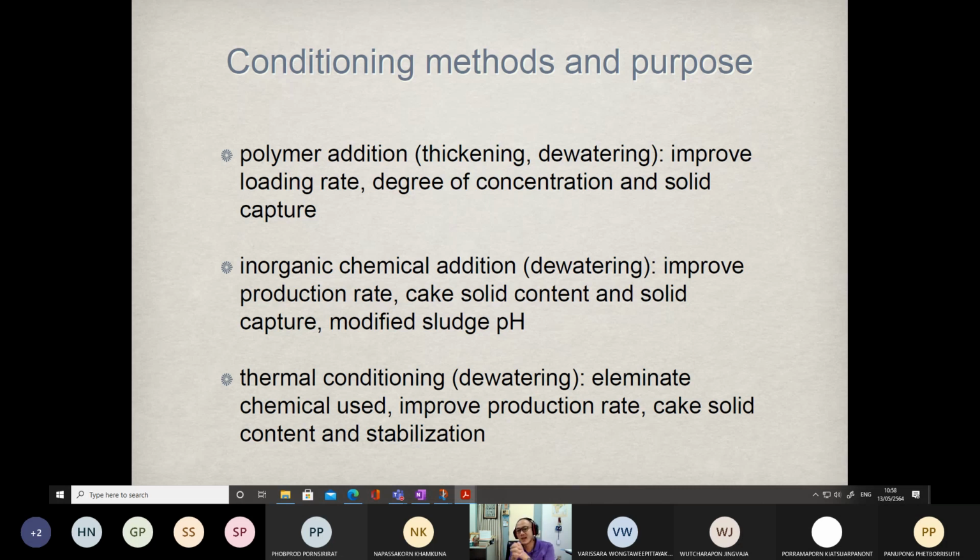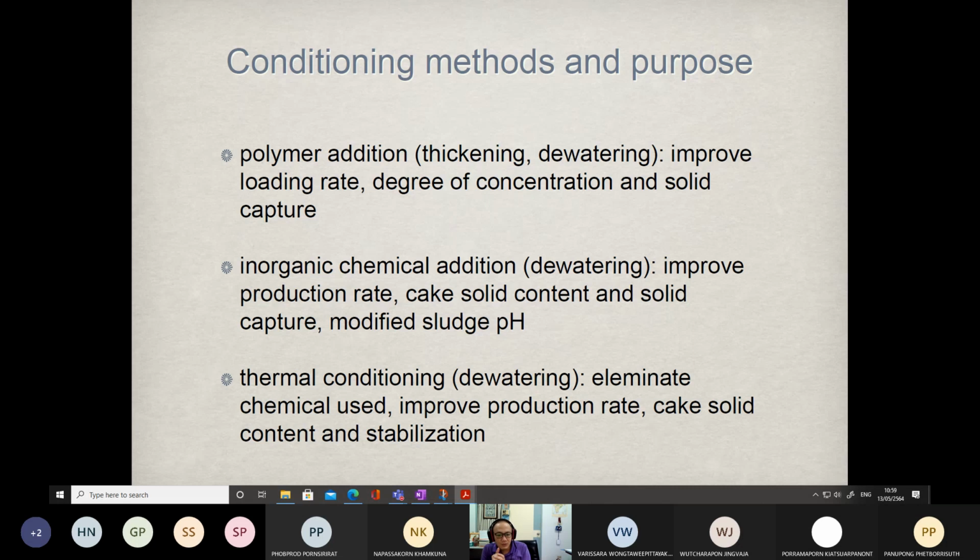So the sludge particles hold each other and are not easily broken into small sludge particles. Finally, they can settle within the desired times. So these are the beneficial uses of polymers or chemical additions.